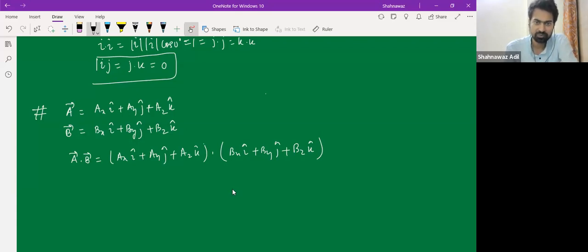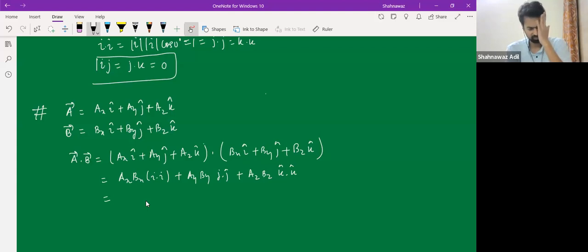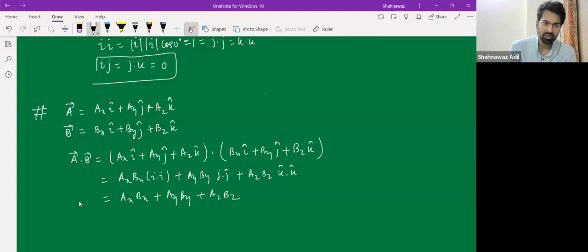So only AX BX i dot i survives, plus AY BY j dot j, and AZ BZ k dot k. i dot i is how much? 1. So this would give me AX BX plus AY BY plus AZ BZ. So this gives me A dot B in the Cartesian form.